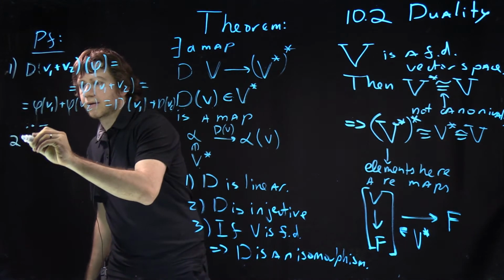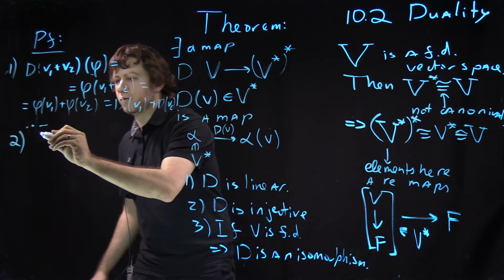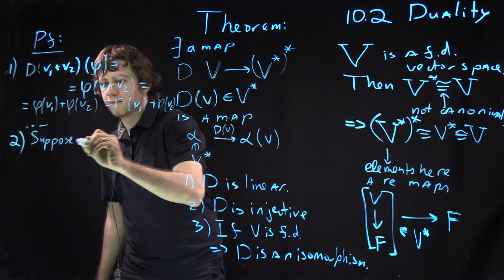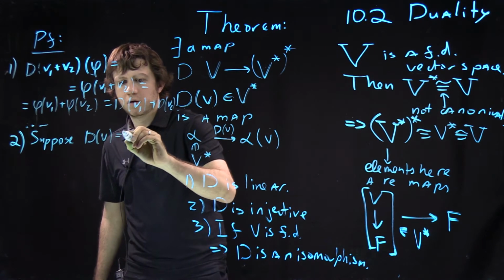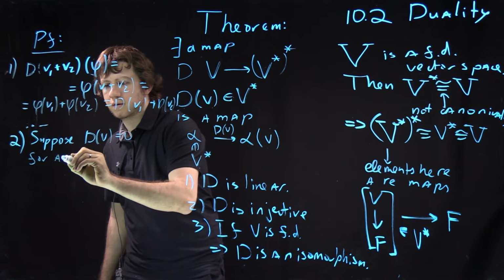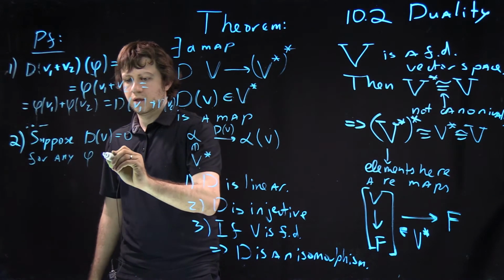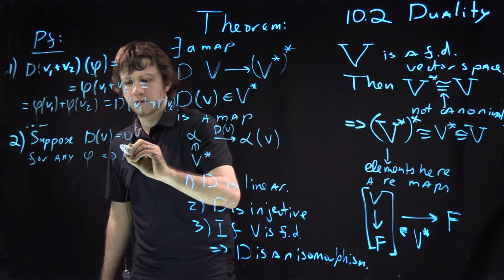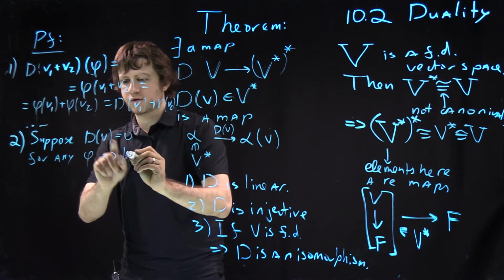So secondly, D is injective. Suppose D of v equals 0, meaning D of v applied to any phi is 0 for some vector v.